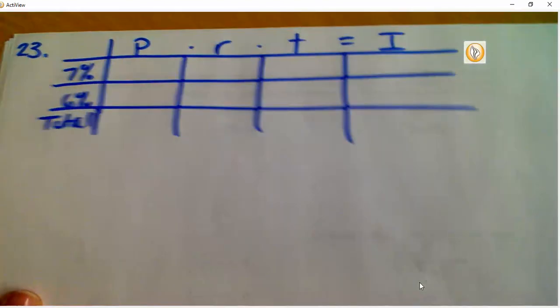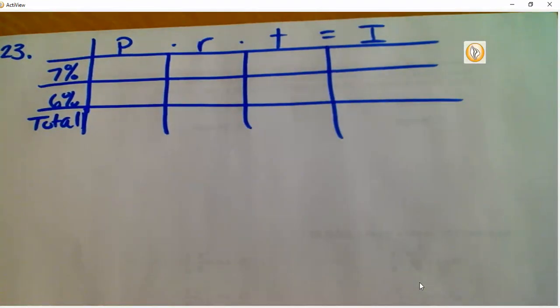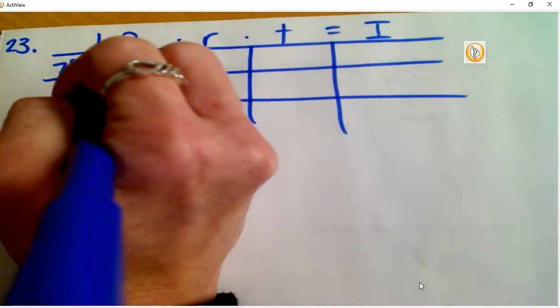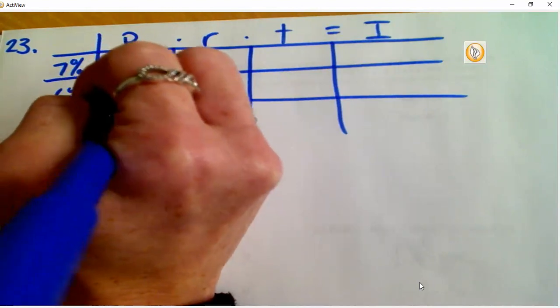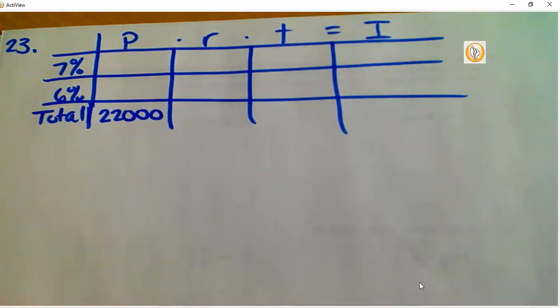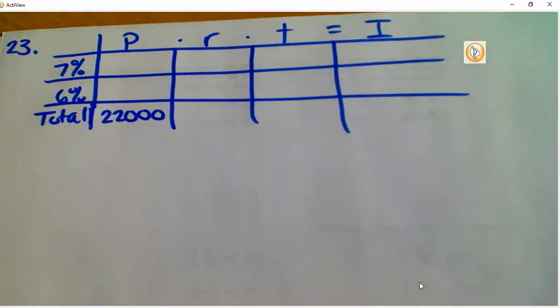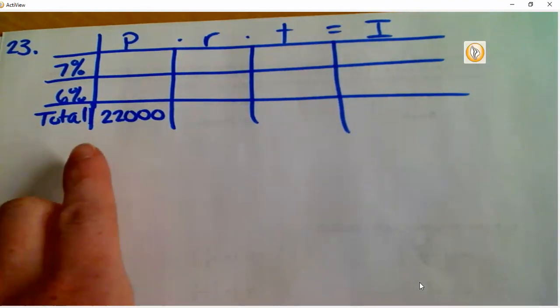Now we have to fill in the blanks. So Bob has $22,000. Where does that number go? It's his beginning principal, so total principal, $22,000. He invests some of it at 7%. If I just said some, do we know how much that is?